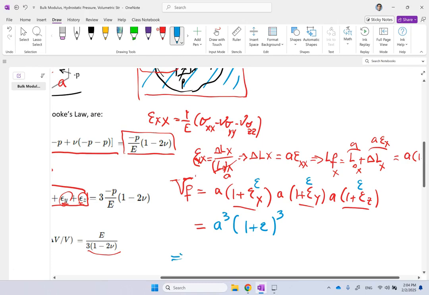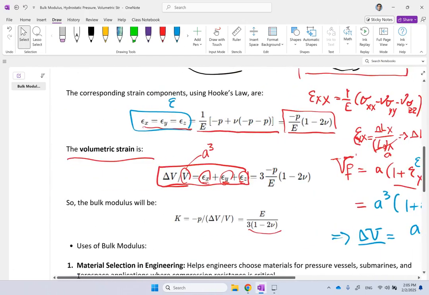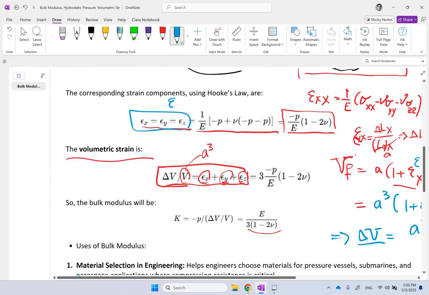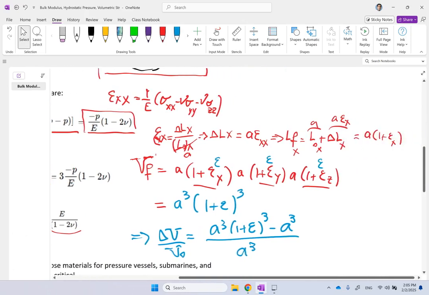So what is delta V? Delta V is going to be A cubed times 1 plus epsilon cubed, and then minus the initial volume, which is A cubed. And if you divide it by V, right, because that is what we need to get for the volumetric strain, and this V is the initial V, so it is going to be divided by A cubed.